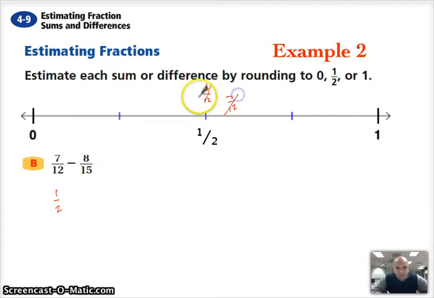And why is that? Because we know that 8/16 is exactly 1/2. So 8/15 is going to be just over the mark. So we're going to call that 1/2 as well. Of course, 1/2 subtract 1/2 is 0, so this answer is going to be close to 0.